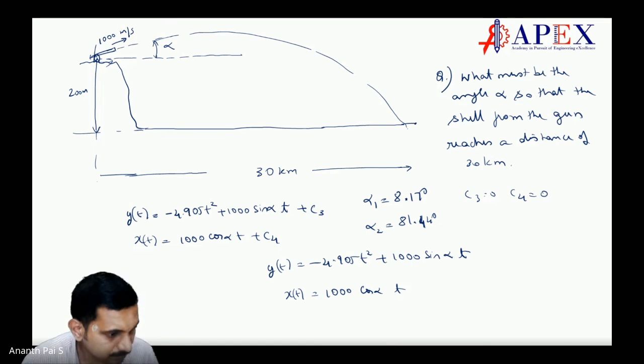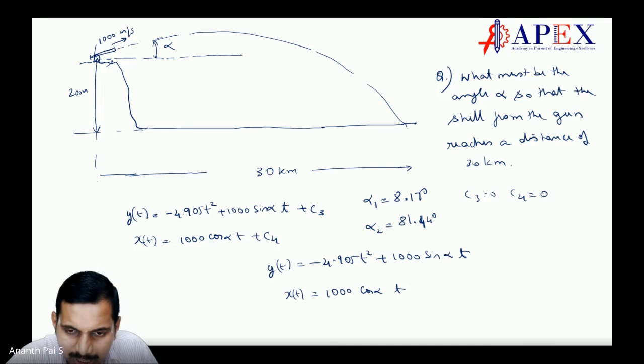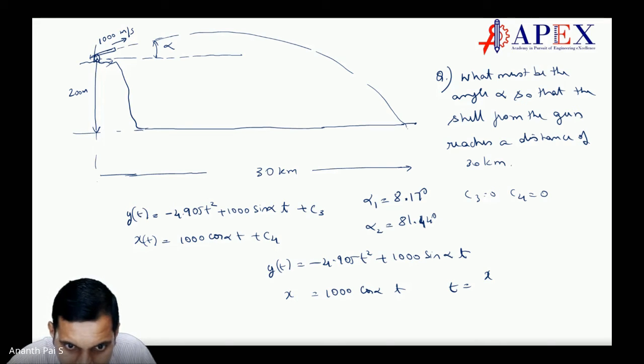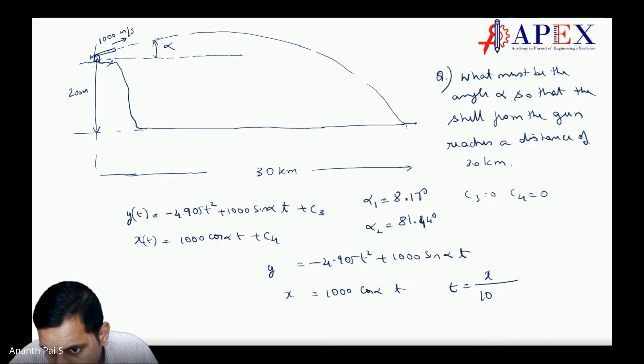No, right? Okay, fine. Now what we can do is, the same way, t has to be got, is it not? T can be equal to the distance gone, x divided by 1000 cos alpha. Let us not say x of t, let us say x distance, okay?